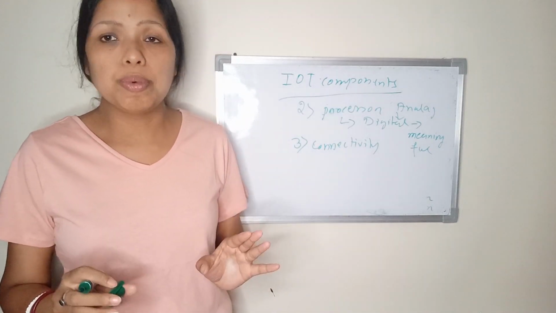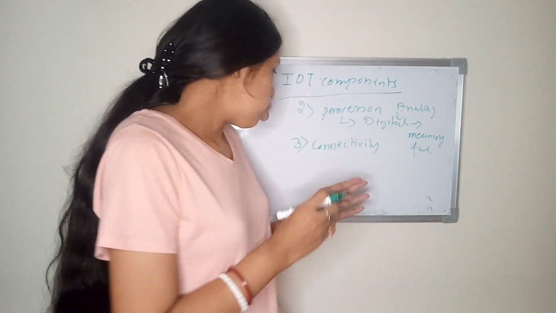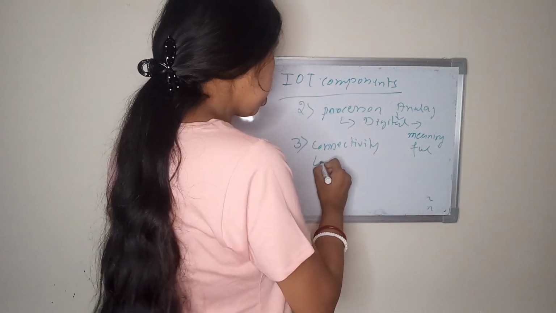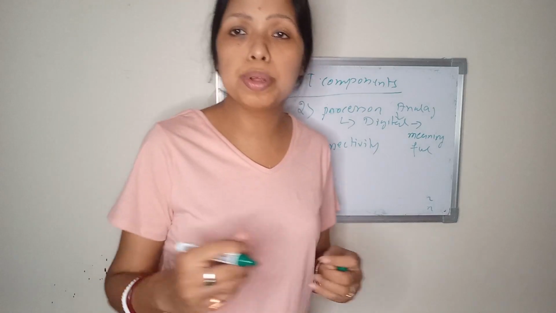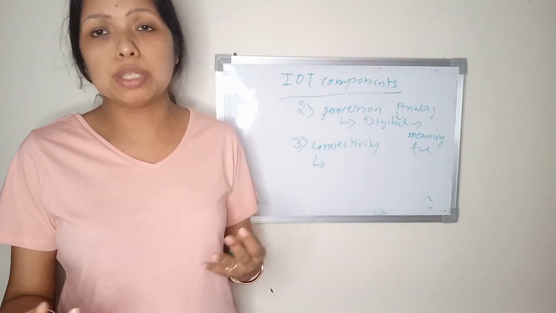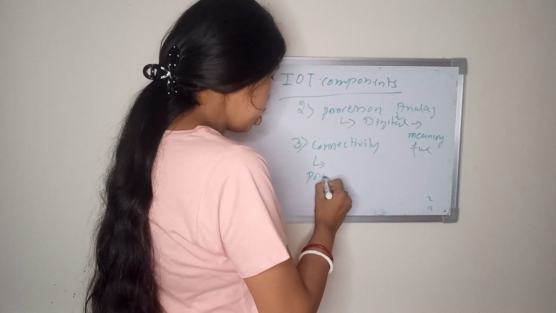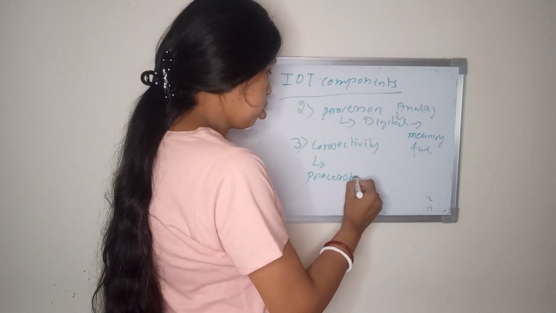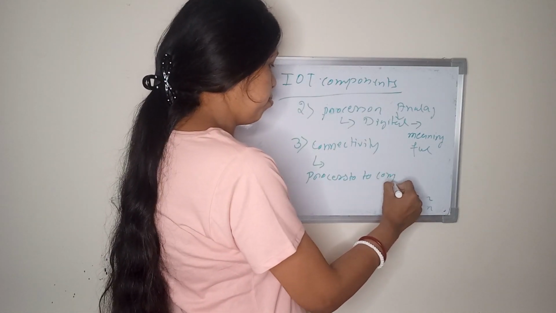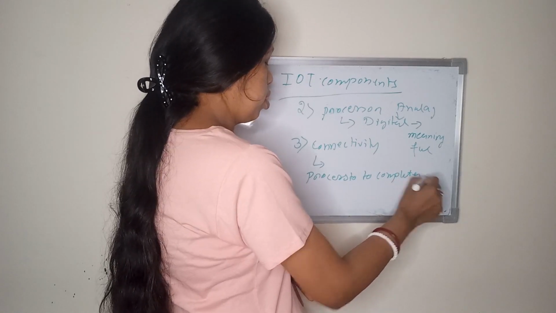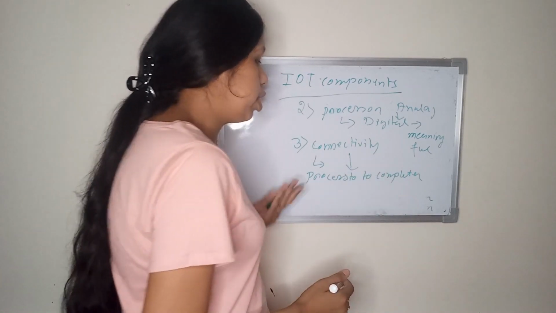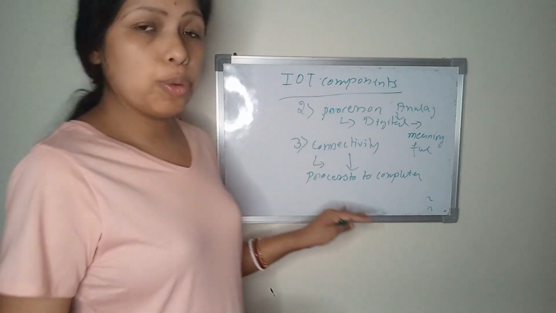What can the connectivity be? The channel, or it can be free space also. You can transfer the processor data into the computer. So processor to computer is the connectivity. We can transfer the data from processor to computer.